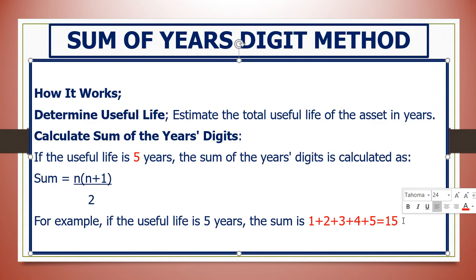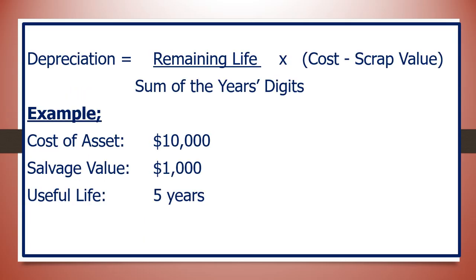So first estimate the useful life, then you compute the sum of the years digits. Then after that you compute the depreciation. How do you compute the depreciation using this method? You get the remaining life.